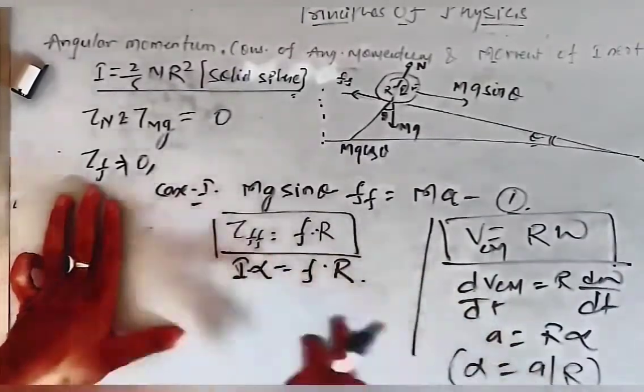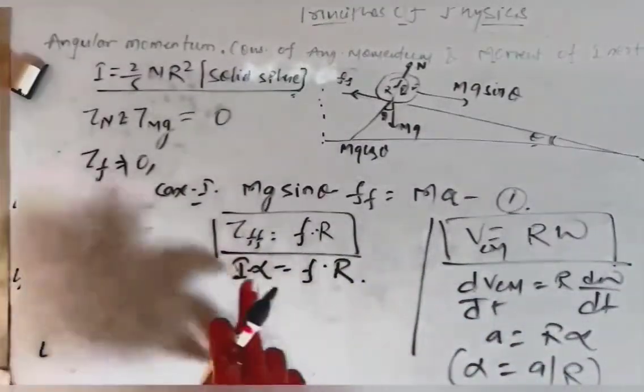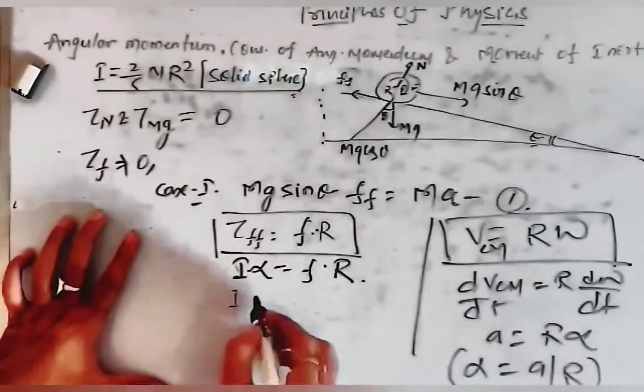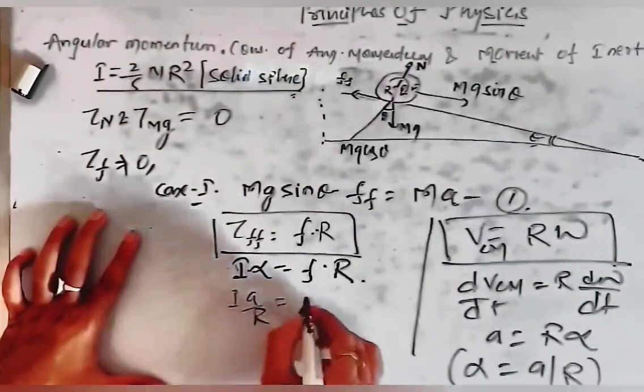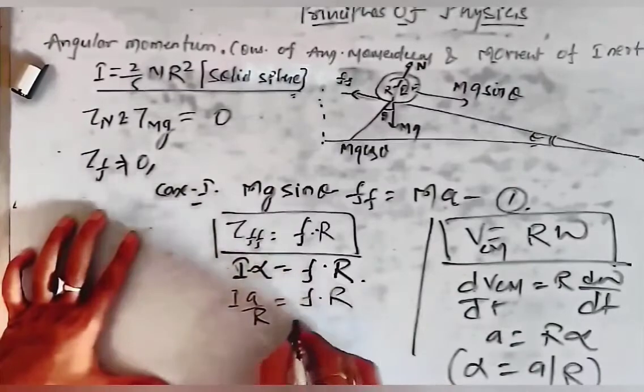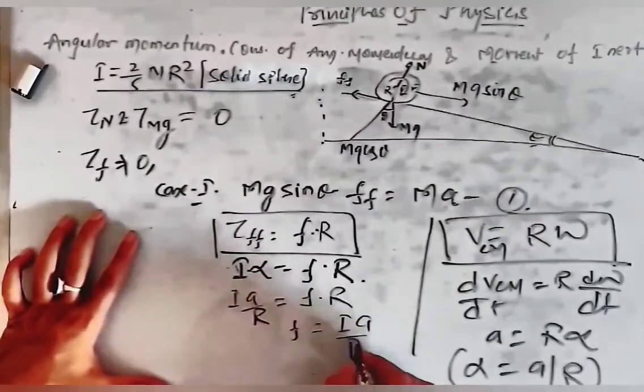So we will substitute the value of alpha here, and we will find that I a by r equals f into r. So f equals I a by r square.